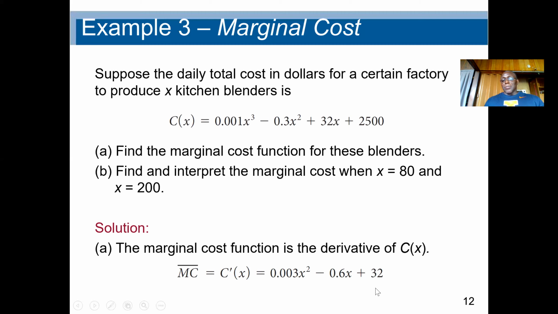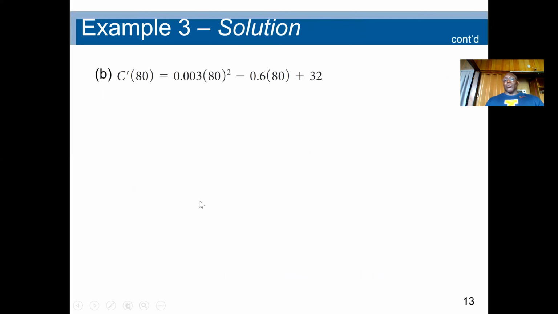Now B, we are looking for the marginal cost when x equals 80. So we substitute 80 for x and solve for the marginal cost. The same thing for 200, we do the same thing. Then they say we should interpret the result. What the result will mean is that, for the first one, when x equals 80, the marginal cost for the 81st item is what we get, and the 201st item is what we get when x equals 200.